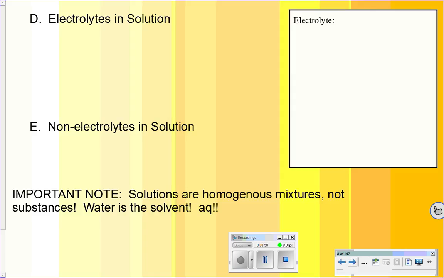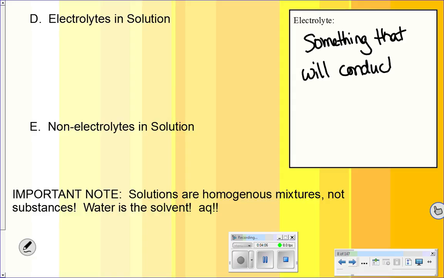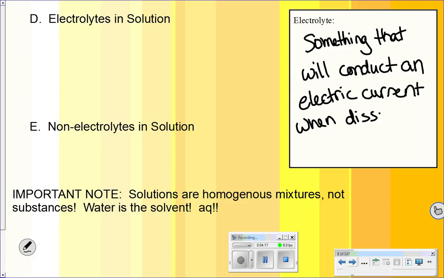So, electrolytes in solution. Remember, the definition of an electrolyte is something that will conduct an electric current when dissolved in water.